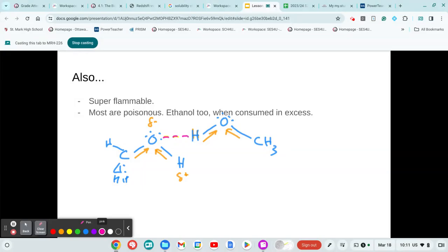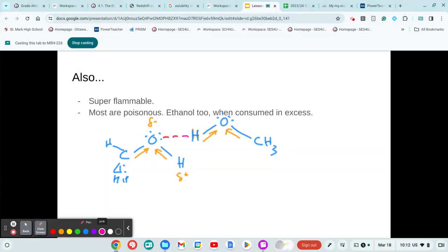That attraction is the hydrogen intermolecular force, or the hydrogen bond, right? So this force is pretty strong. It holds those molecules together pretty tightly.